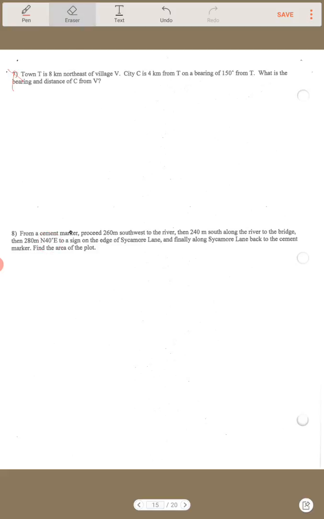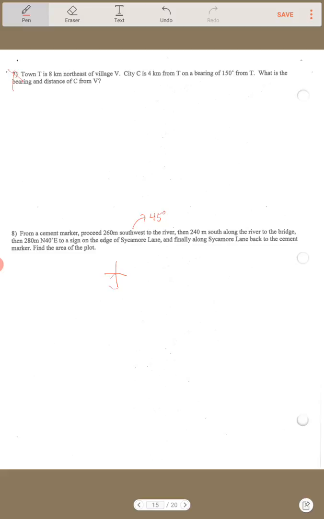Okay. Let's go ahead and begin by drawing our shape. It says from a cement marker, proceed 260 meters southwest to the river. And what it means by saying southwest is you're going directly southwest, so that's going to give you a 45-degree angle. So we're going to start by drawing our diagram with our compass bearings with north, south, east, and west. And we're going to go 260 meters southwest.